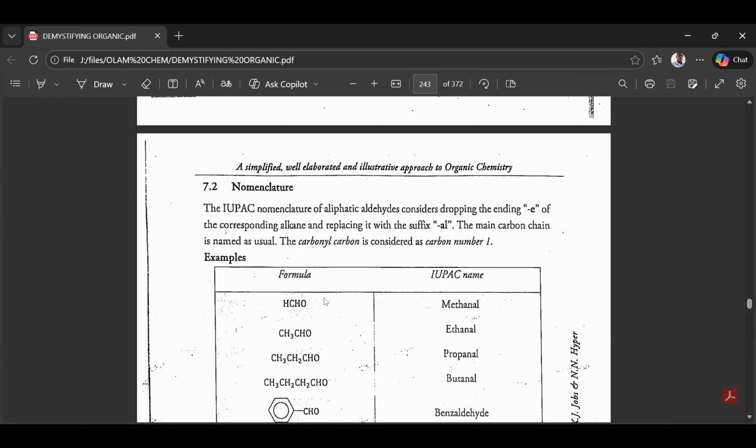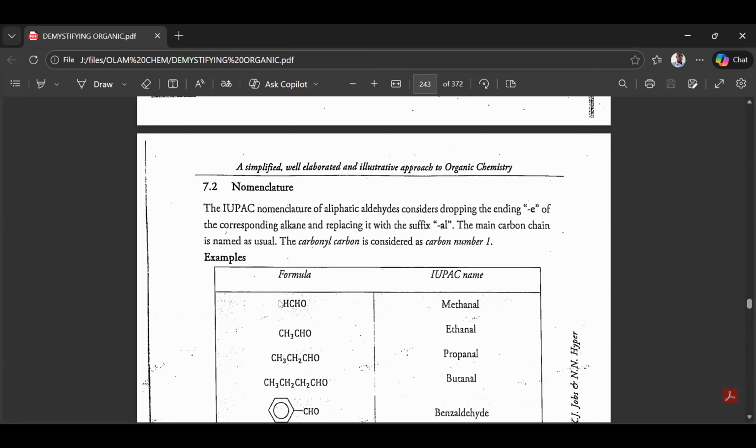When we are naming aldehydes, we end with the suffix -al. When we are naming ketones, we end with the suffix -one. So now here we are naming aldehydes, which means we are going to end with the suffix -al.